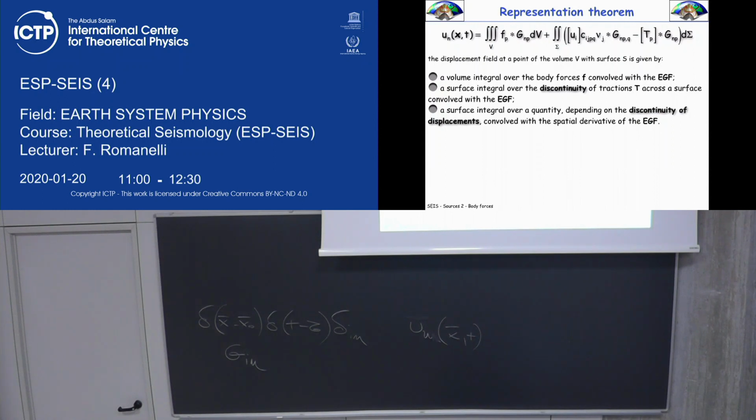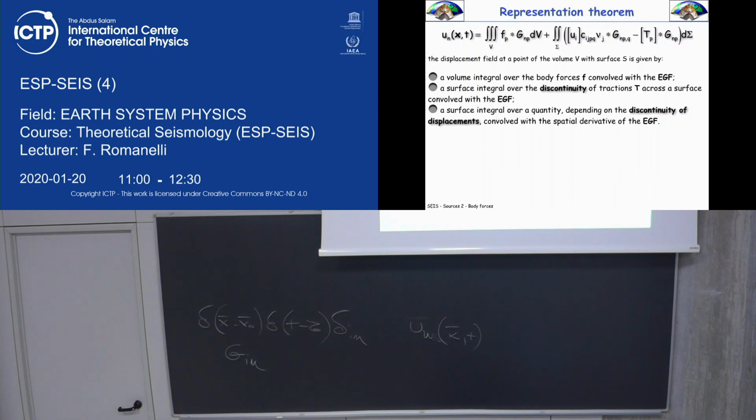If we consider traction discontinuities here, then we will have to convolve them by the Green's function. But we will not use that, because we will assume that we have a pure shear dislocation. So also this term is going away.